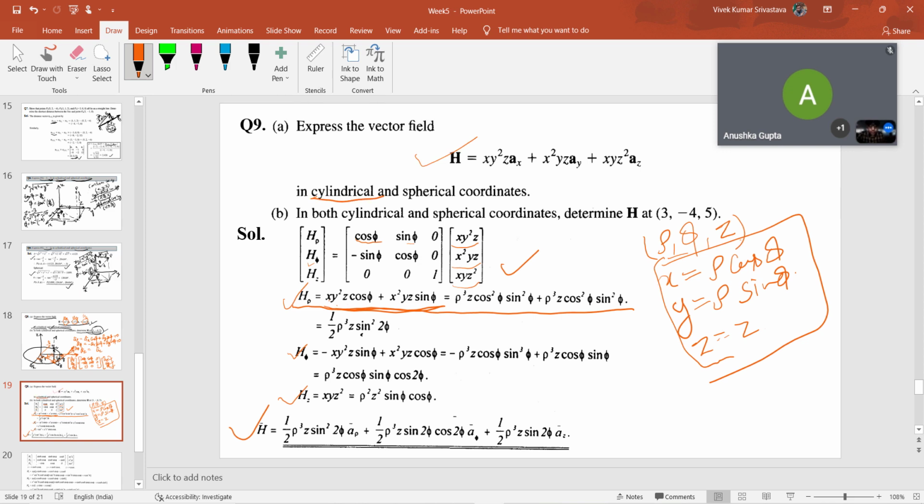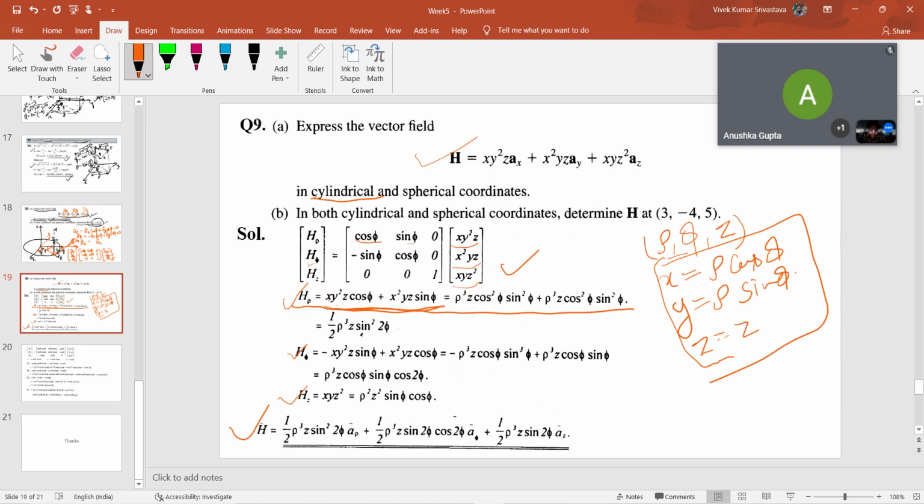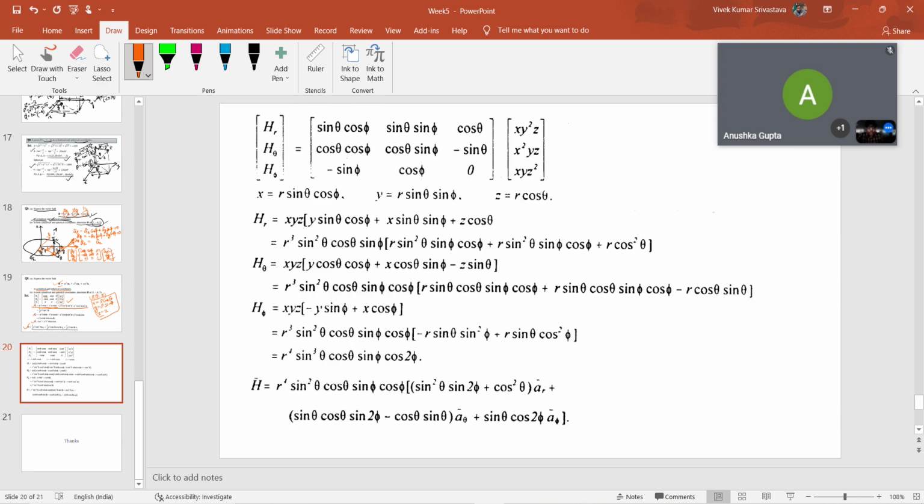Similarly, you can find this vector in terms of the spherical coordinate system. Here in the spherical coordinate system the matrix will be different. This is the matrix used to find the r, theta and phi components in the spherical coordinate system.